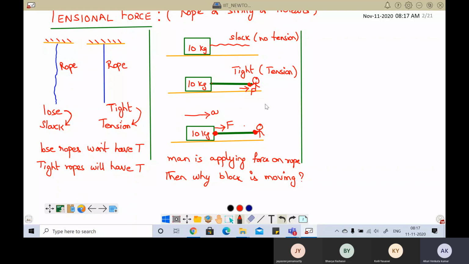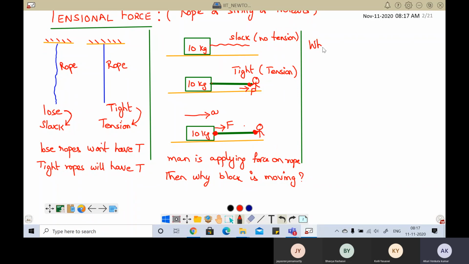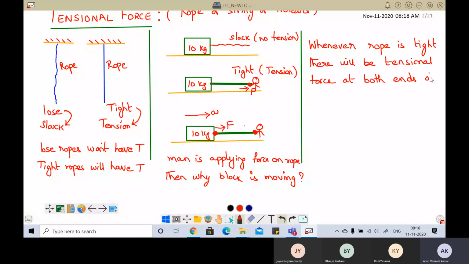Whenever the rope is tight, there will be tensional force at both ends of the rope.